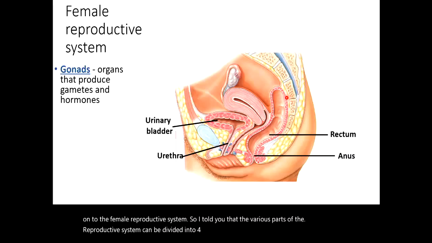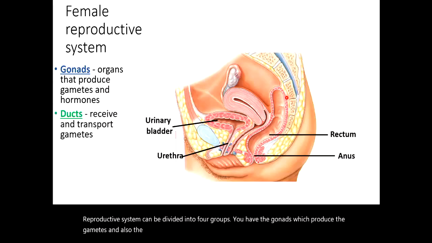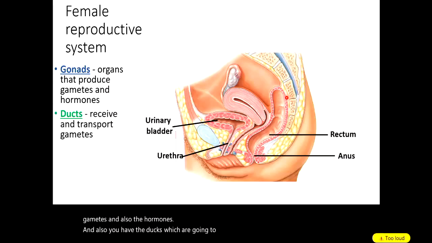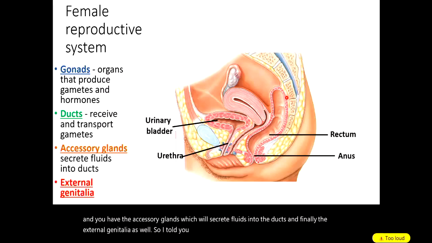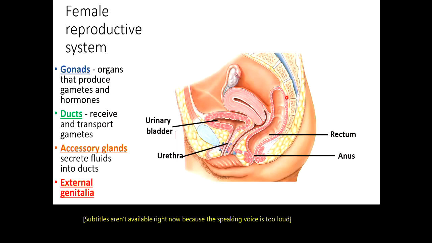You have the gonads, which produce the gametes and also the hormones, and you have the ducts, which are going to receive the gametes and help in their transport, and you have the accessory glands, which will secrete fluids into the ducts, and finally the external genitalia as well. I told you how all the parts of the male reproductive system fall under one of these categories, but in the female reproductive system there are a couple of organs which will not fall in this category. So that's a heads up I need to give you.